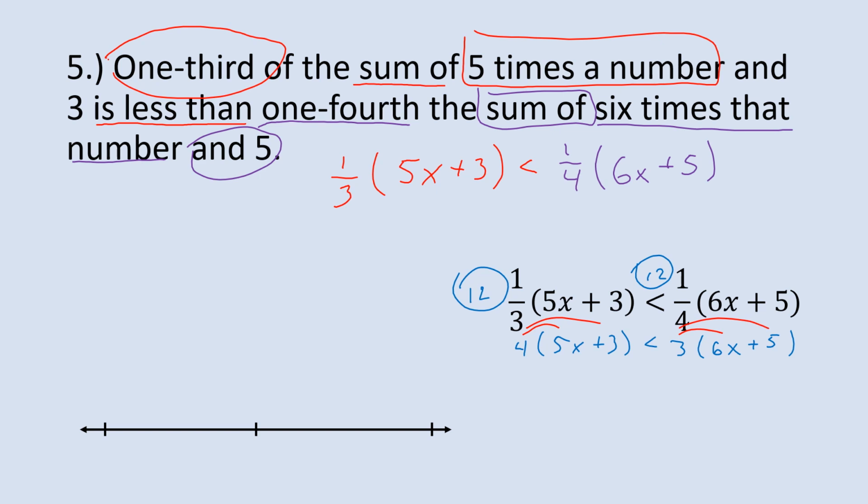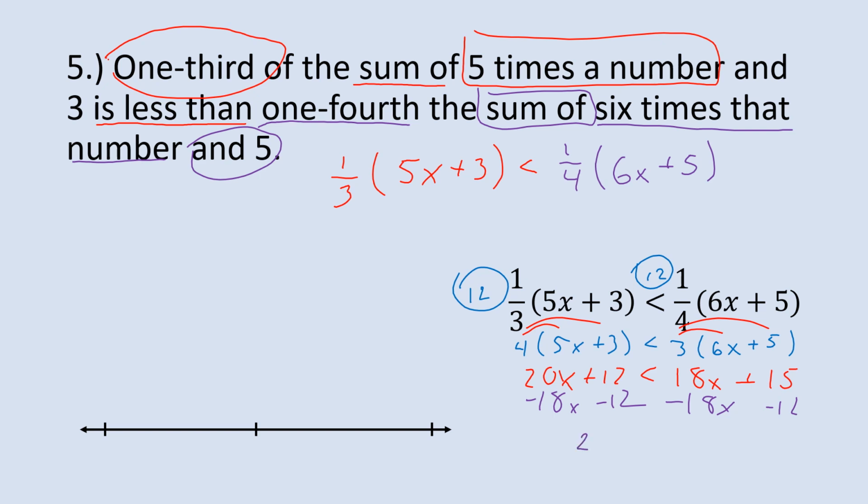Okay, we can distribute all this in. 20x plus 12 is less than 18x plus 15. Okay, solve it out. Minus 18x, minus 12.